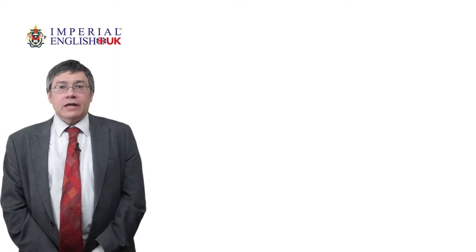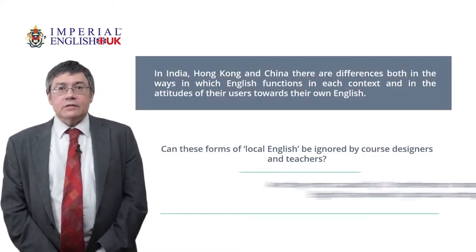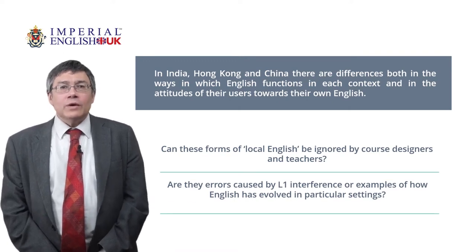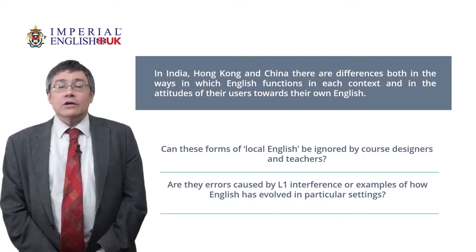This now moves us on to the wider picture of ELF and global Englishes outside the classroom. Many countries have a local English. These include India, Hong Kong and China, where there are differences both in the ways in which English functions in each context and in the attitudes of their users towards their own English.